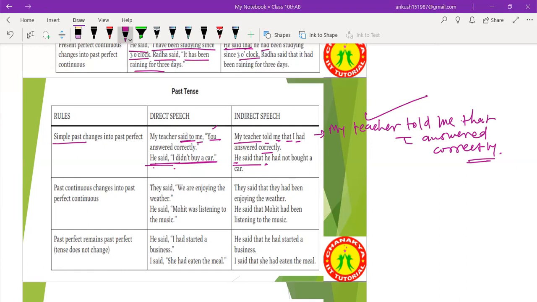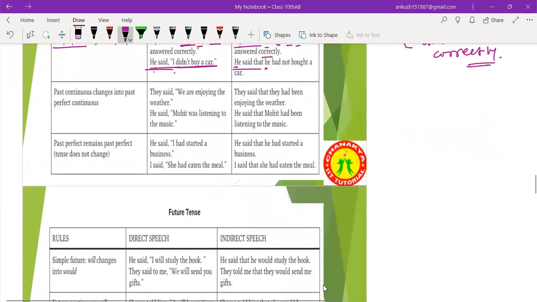Let us understand another tense. Past continuous tense. Definitely it would be as it is, or it would be transformed into past perfect continuous tense. See, they said, "we are enjoying the weather." They said that they had been enjoying the weather, or it may use the same tense, like past continuous could be changed into past continuous or past perfect.